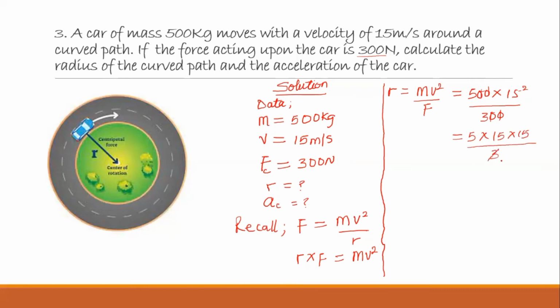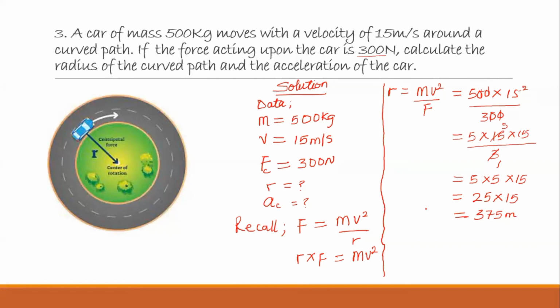So 5, 3 here, 3 in 15, I have 5. So the whole thing becomes 5 multiplied by 5 multiplied by 15. I have it to be 25 multiplied by 15, which is equal to 375 meters. So I have gotten my radius.